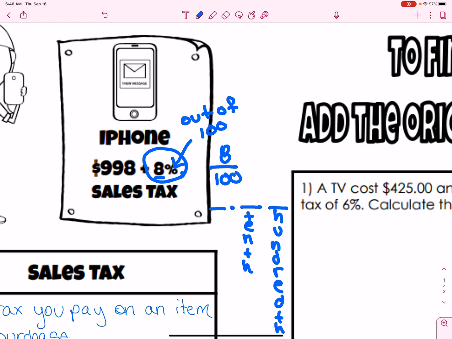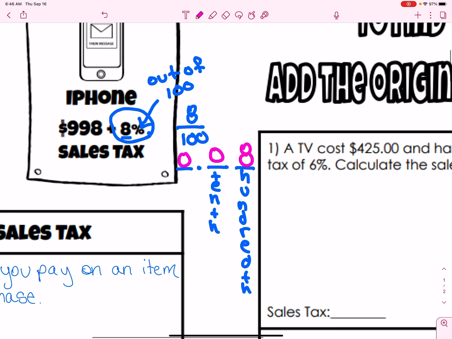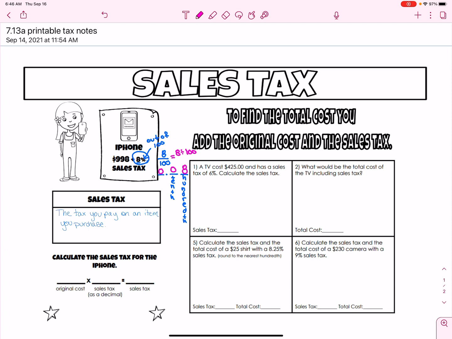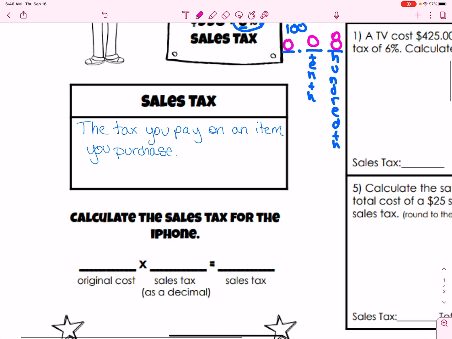So 8 is going to need to be right here. And then we fill in to the decimal. So 8%, and this way would look, 8 divide 100 in the calculator. 8% is 0.08.